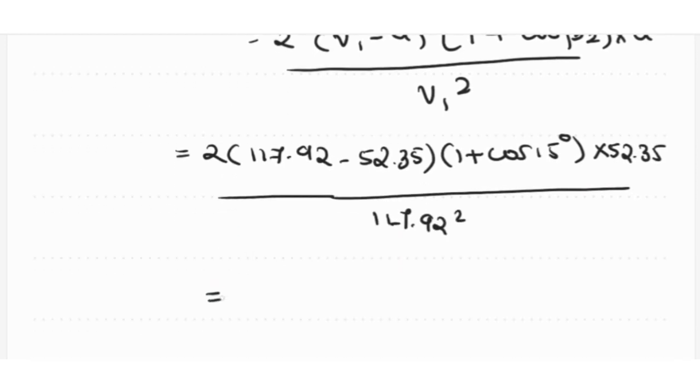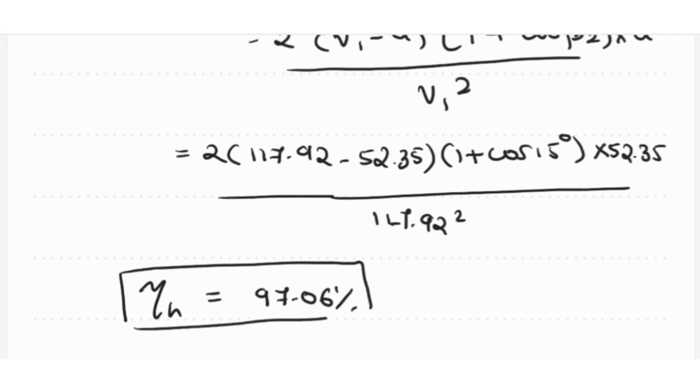So we'll get hydraulic efficiency eta h is equal to 97.06%.